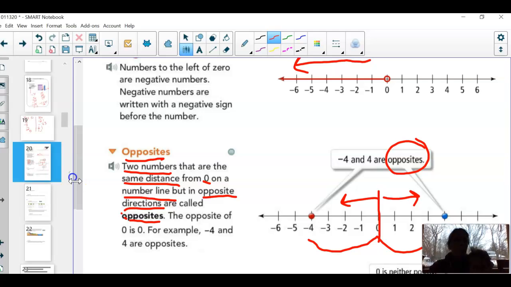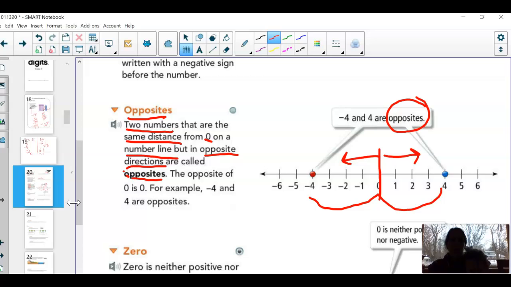So think about that: what would be the opposite of -5? If you said +5, you are correct. -5 is 5 away from 0, and 5 is 5 away from 0, but they're on the other side of the number line, so they are opposites.